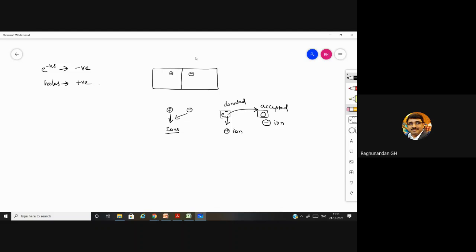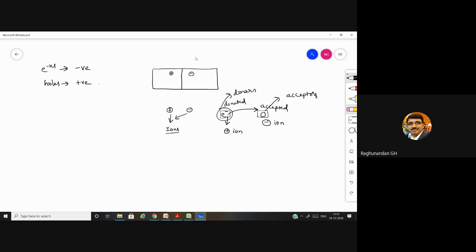We call these donors, and we call those acceptors. When you accept, you become negative. When you donate, you become positive. That is what you should understand. So wherever you have this kind of symbol, you should understand it is ions.